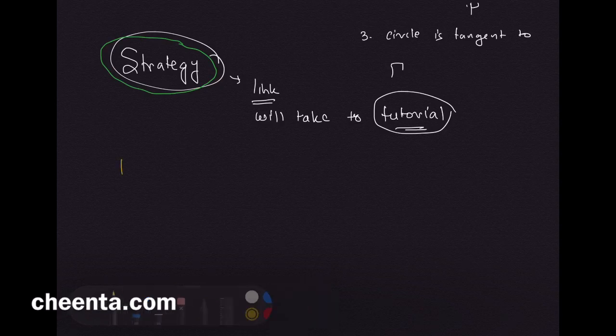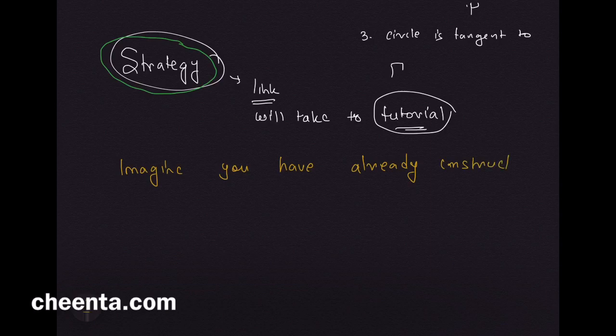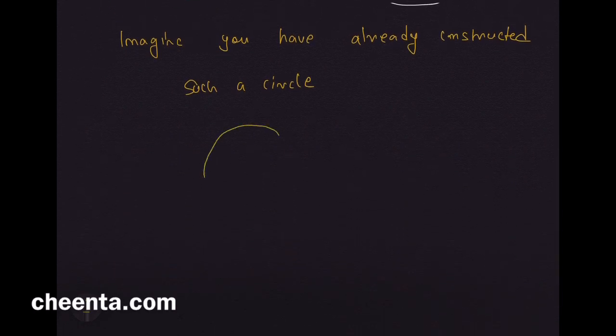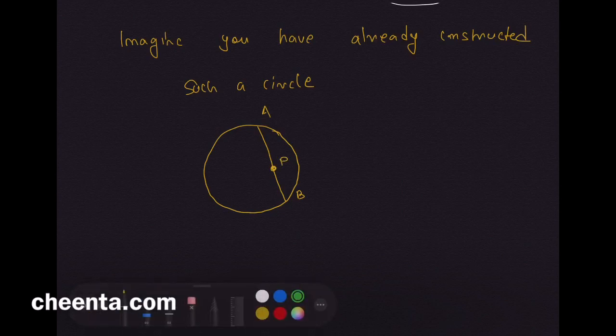Imagine that you have already constructed such a circle. So if you have done that, then you know that there is this big circle, there is this line AB, there is the point P, and you have done your job.